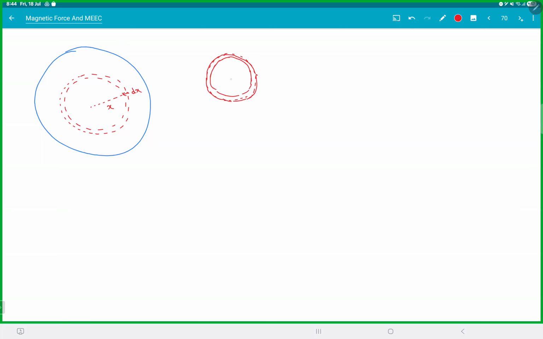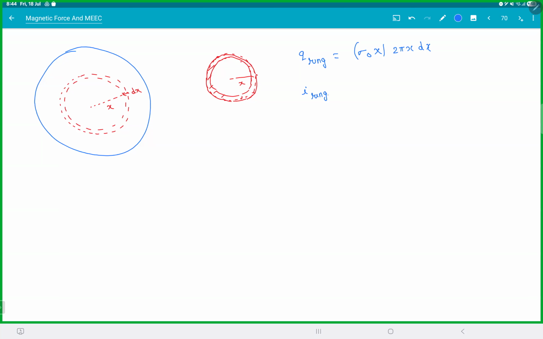So this is x, and what is the charge on the ring? Charge on the ring will be sigma naught x, the surface charge density, into the area of this, which is 2 pi x dx.